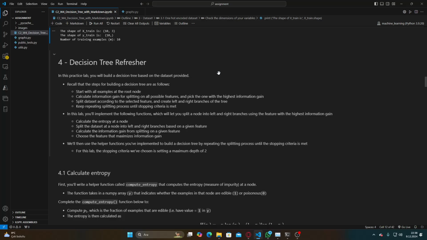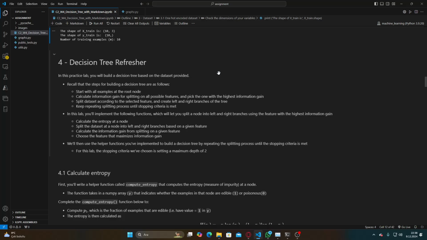Okay, we're starting with the root node and calculating information gain for splitting on all possible features, and pick the one with the highest information gain. Split the dataset according to the selected feature and create left and right branches of the tree. Keep repeating the splitting process until the stopping criteria is met.